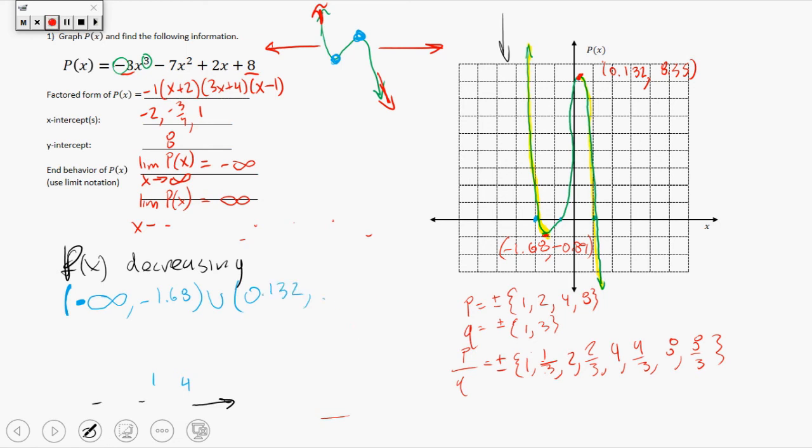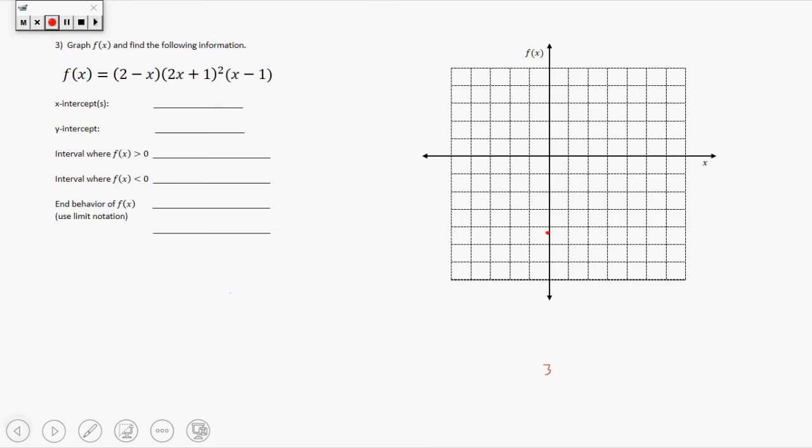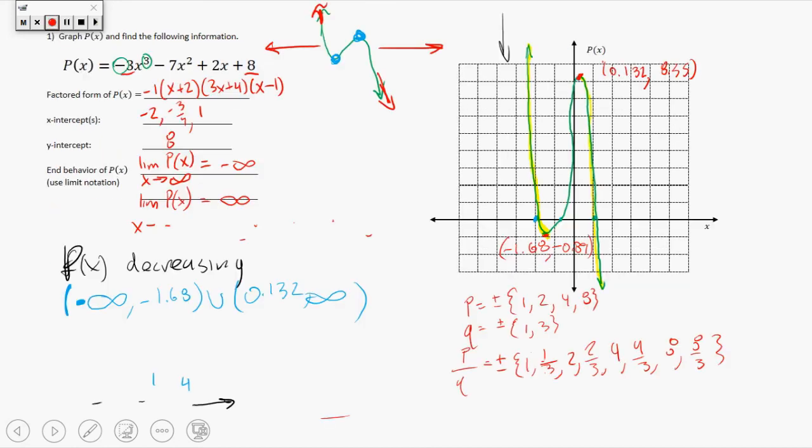Notice it's not inclusive of either the negative 1.68 or the 0.132. Sorry, the handwriting is so bad there. I literally could not see what I was writing because it's going so slow.